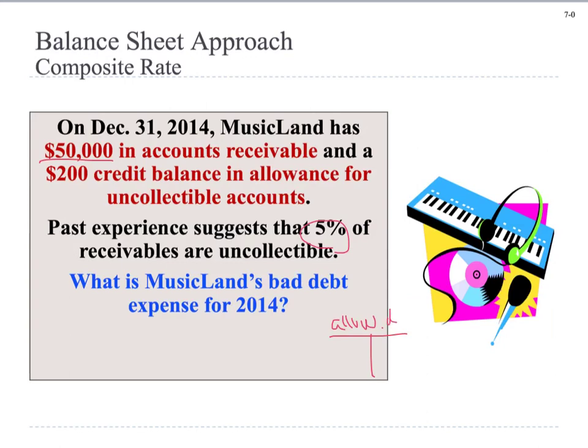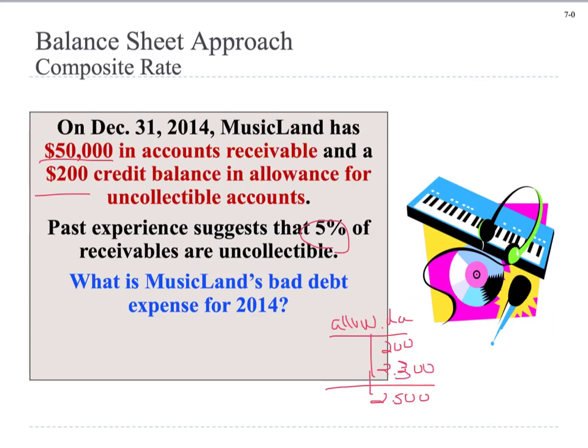It's the same thing. I'll say allowance for DA, doubtful accounts. Already in there is this $200. We need our ending balance to be $2,500. So how much do we have to include in our allowance for doubtful accounts? Another $2,300.